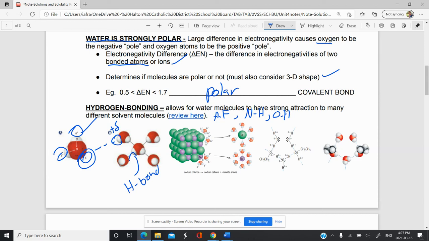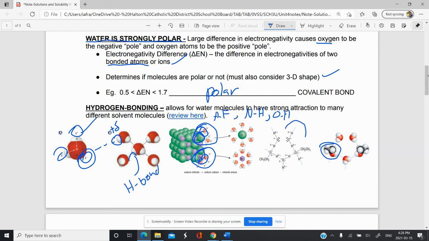So here we can see different images. We can see water dissolving an ionic compound, specifically NaCl, and we'll see more detail of that later on. But the idea is that partial positives are surrounding negative ions, and partial negative oxygen is surrounding the positive ion. And then here we can see water dissolving a molecular compound that happens to be polar.